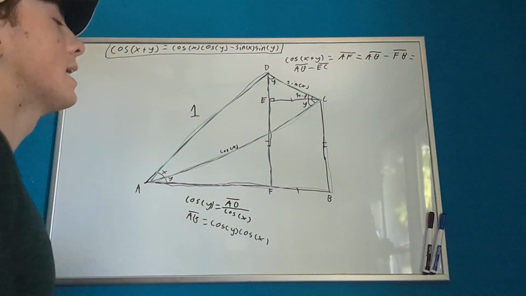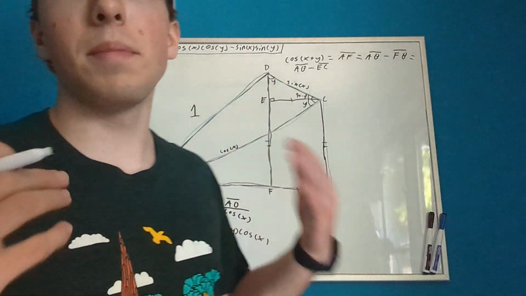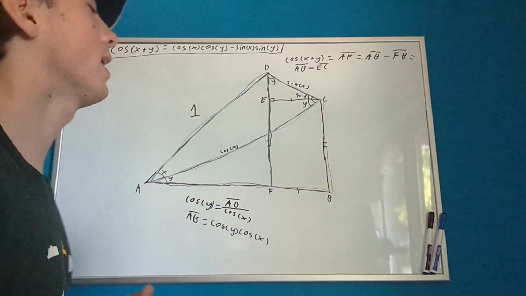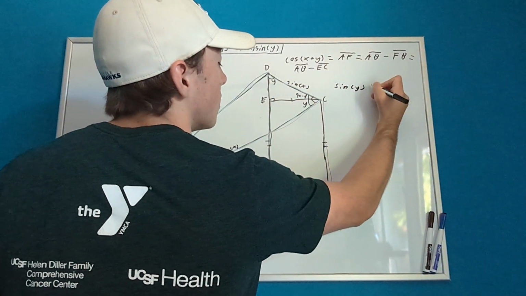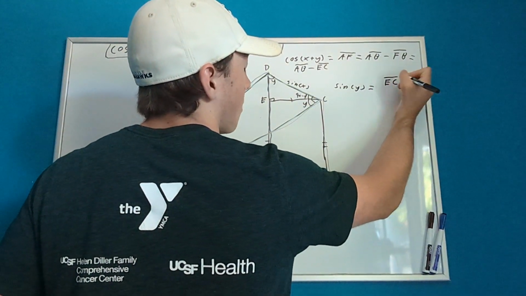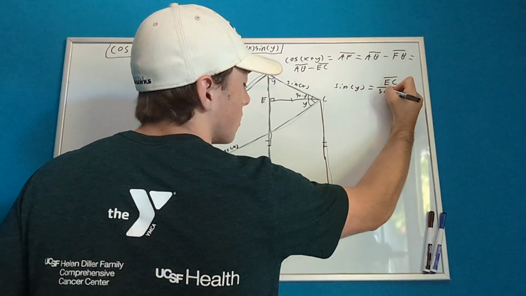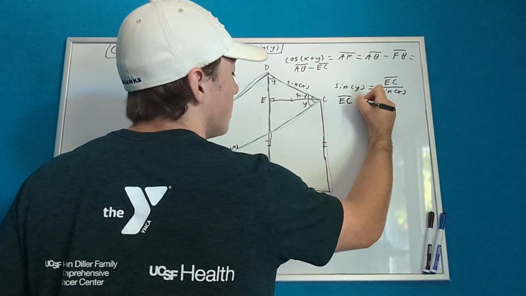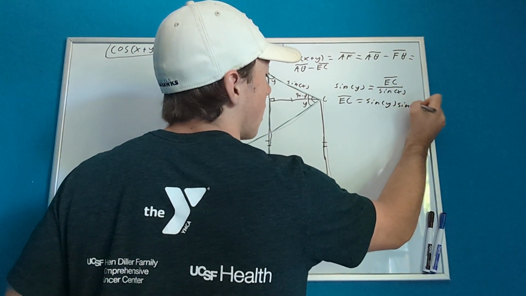Now we're trying to figure out side EC, so we take the sine, because sine is opposite over hypotenuse. EC is opposite to angle y, and the hypotenuse is sine of x. So line segment EC equals sine of y times sine of x.